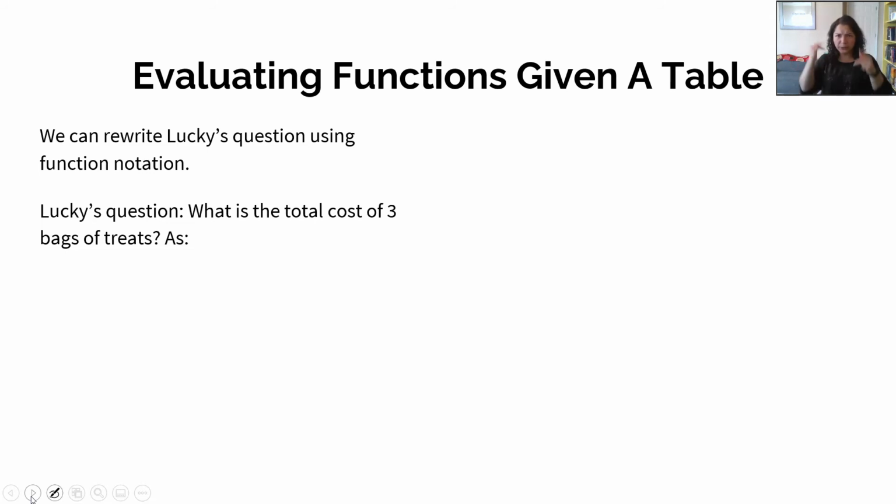If you think about it, remember our total cost, if we have a table here, our total cost was over here, right? You know what? I'm going to switch that. Let me erase that part. Because that was our money.